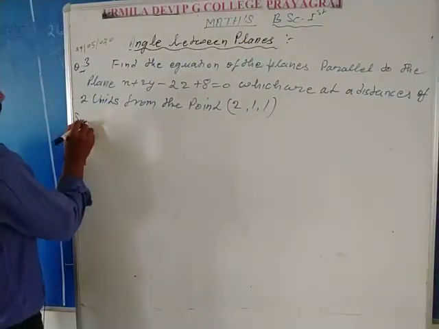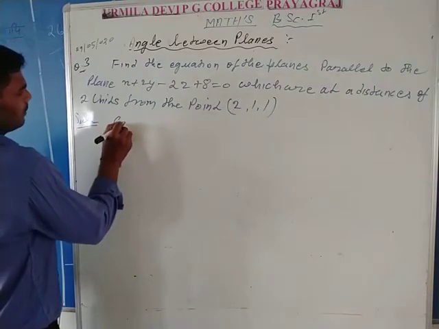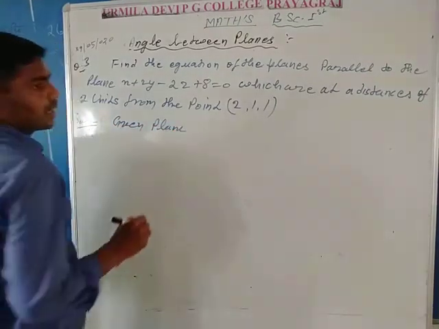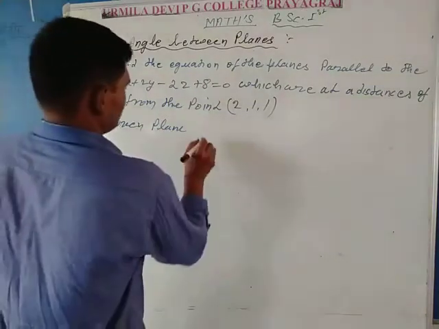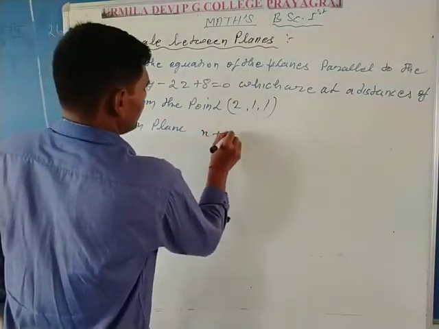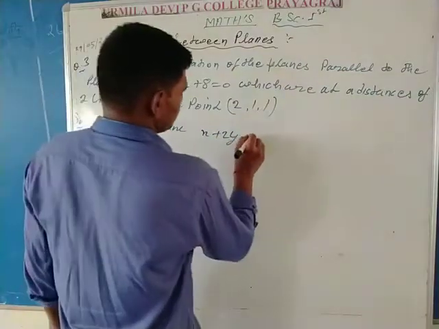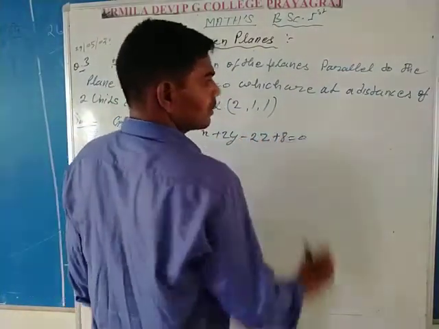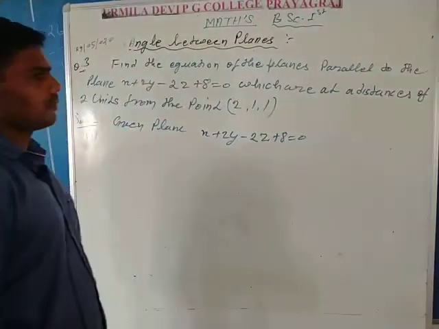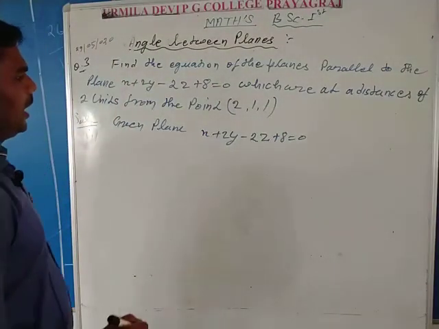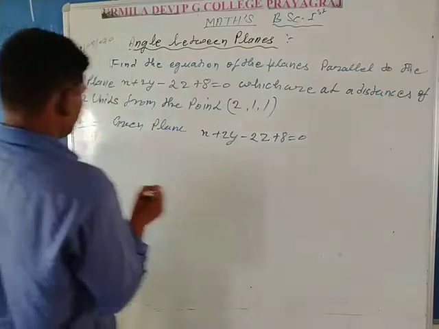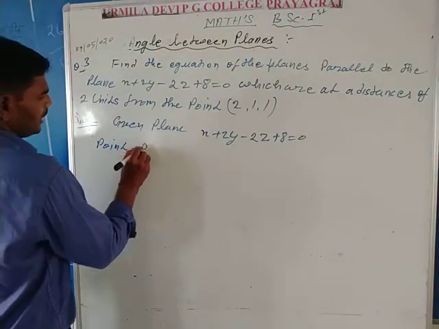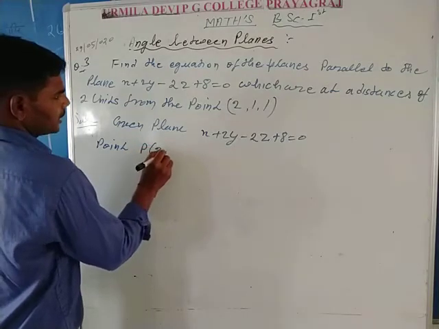So in the solution, the given plane equation is x plus 2y minus 2z plus 8 is equal to 0, and suppose that the point is P, whose coordinates are 2 1 1.